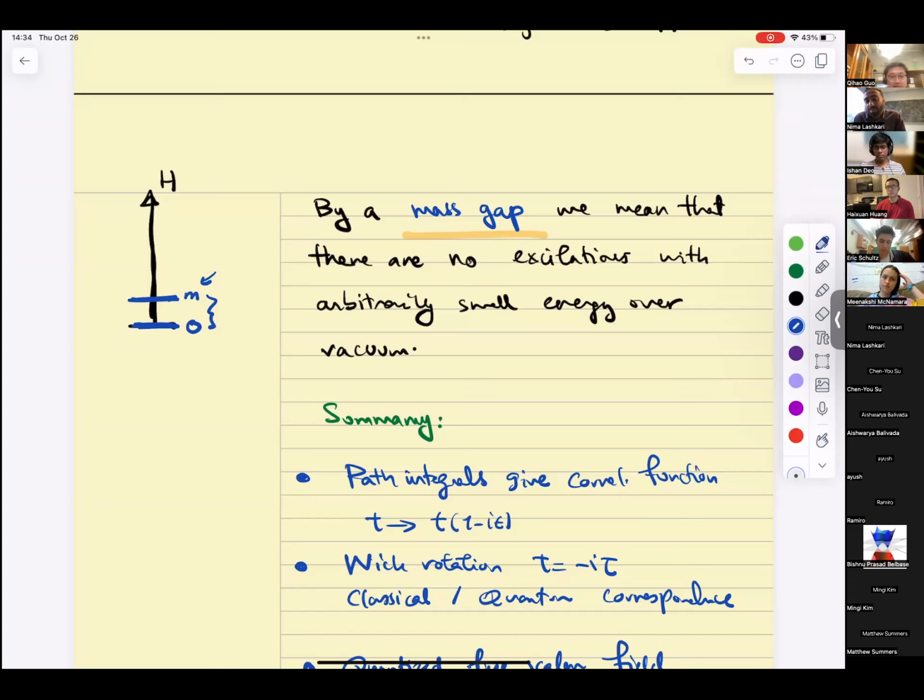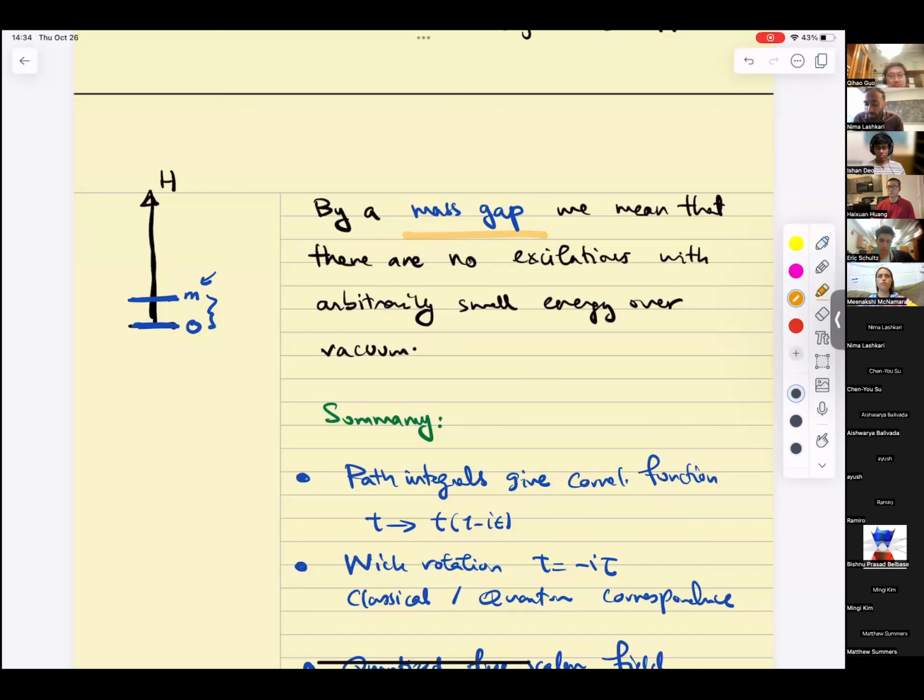That will give us a lot of trouble. Theories with a mass gap are easy because correlations decay exponentially and they're under control. Theories with massless modes are complicated. Another example of theories without a mass gap are CFTs, conformal field theories. They don't have mass gaps either.